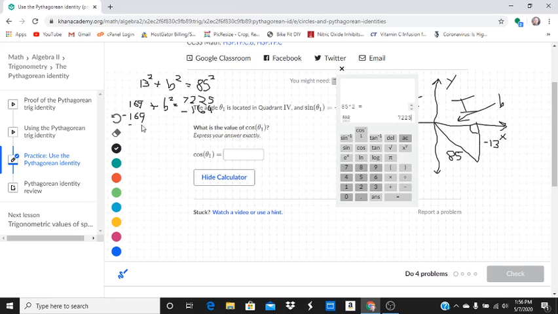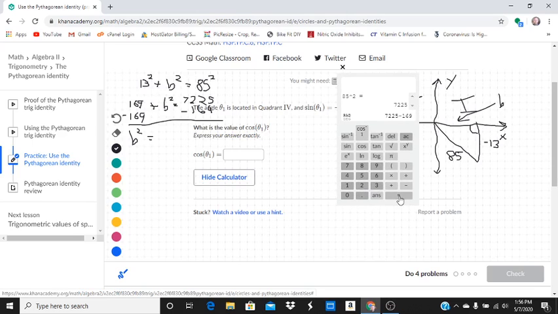Make it a little bit of a mess over here. So we're going to get b squared. We have to do 7,225 minus 169. So it's going to be 7,056. So we'll take the square root of both sides.